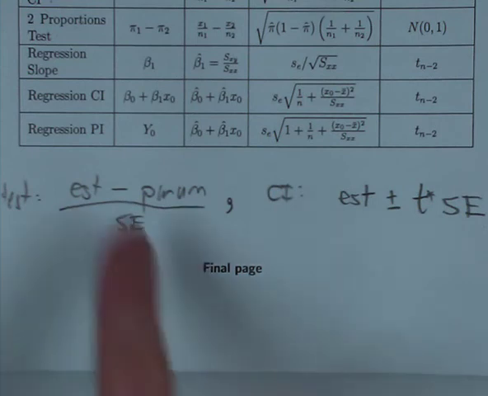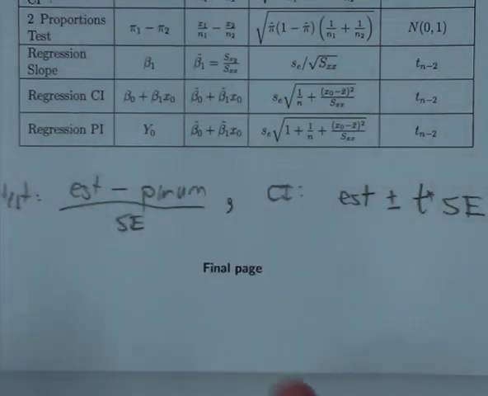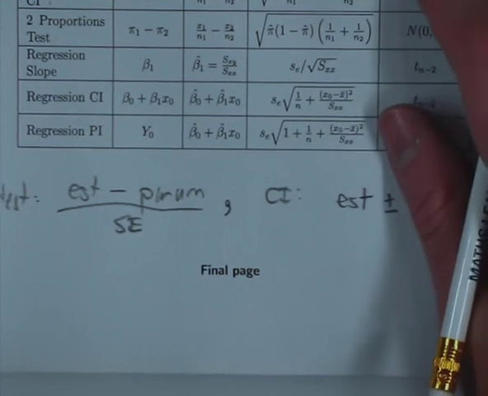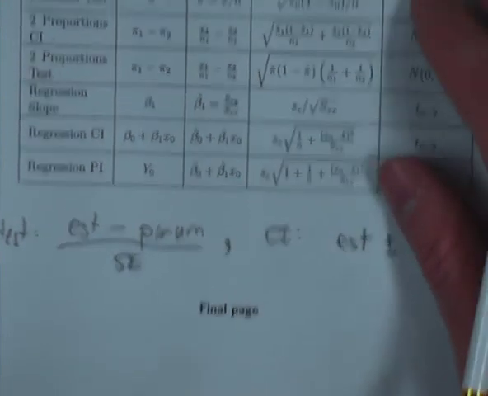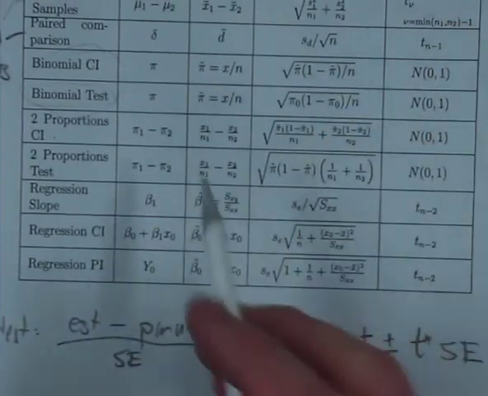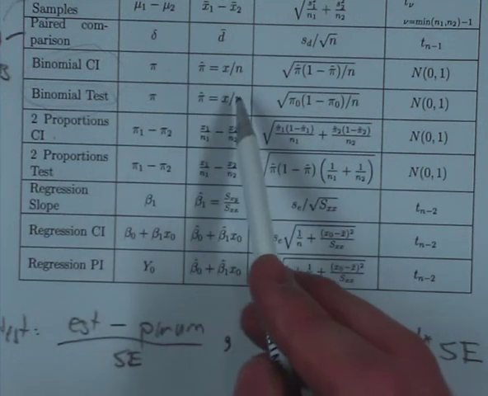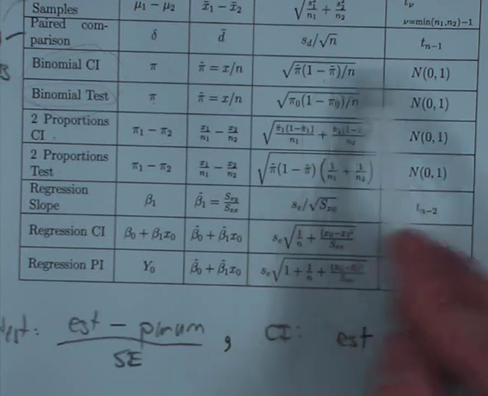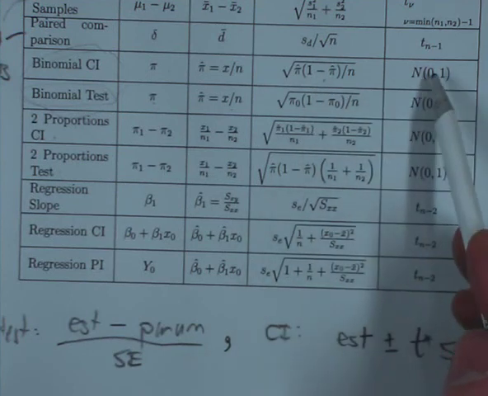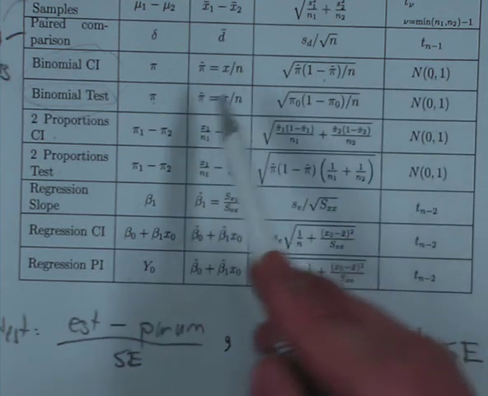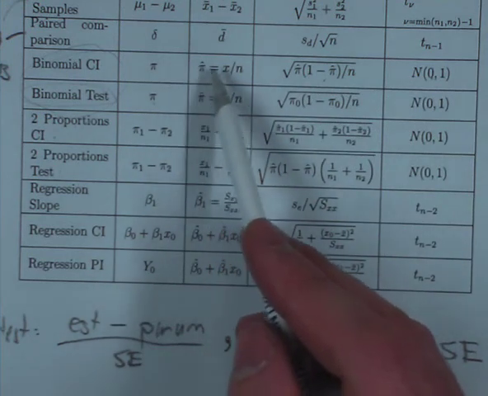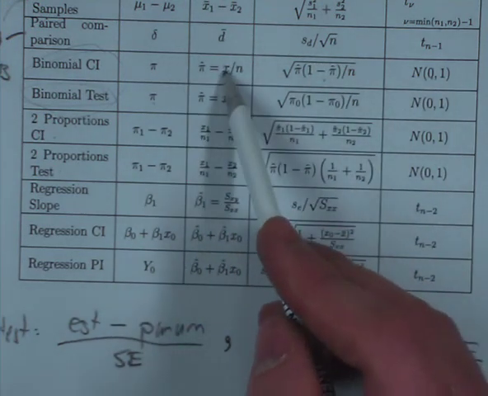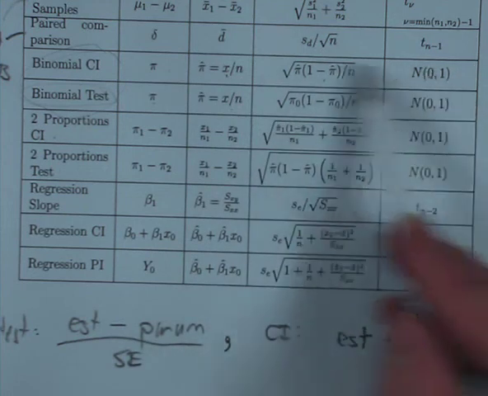So these are the titles of these columns here. Okay? So, for example, in this situation, here with the binomial test, it'll be estimate minus parameter divided by standard error, and that's a z. Okay? But for the confidence interval, it will be estimate plus or minus z times that parameter.